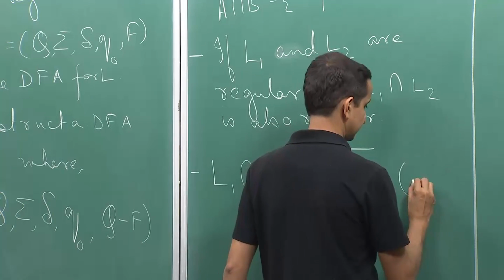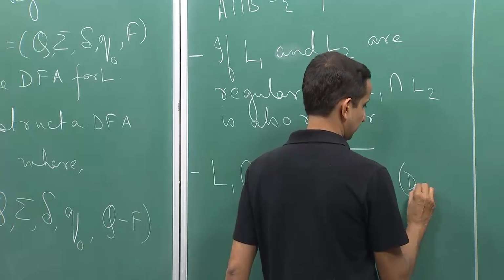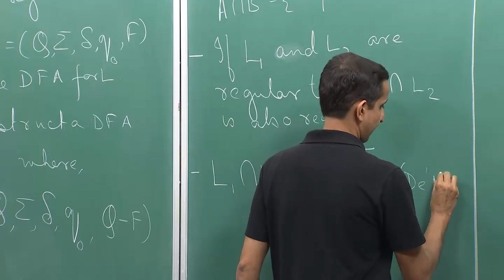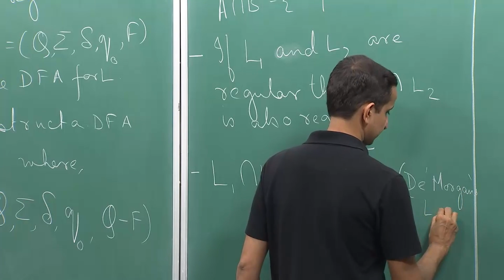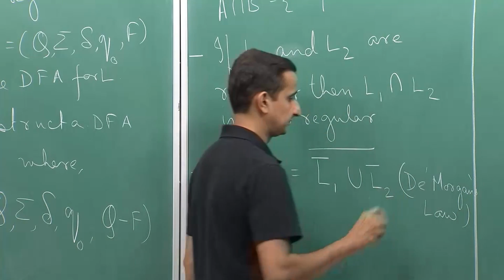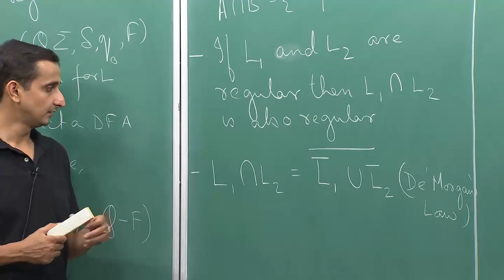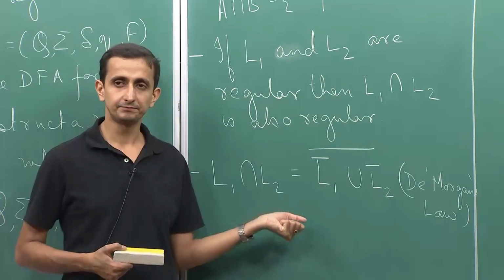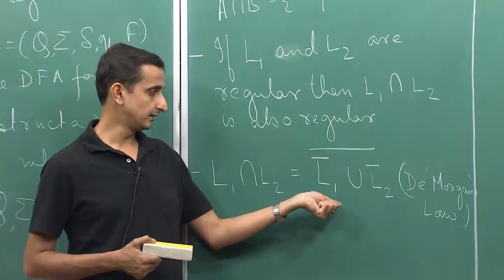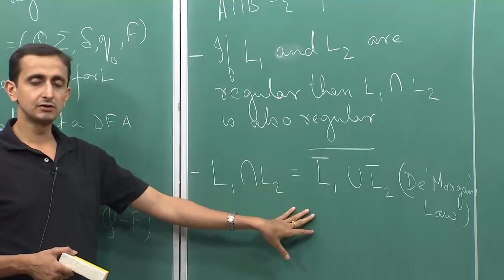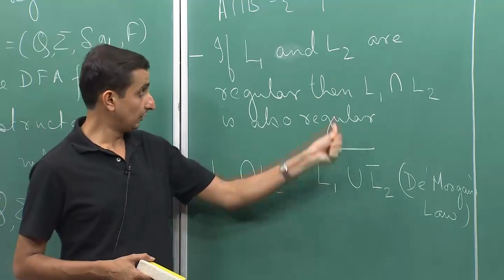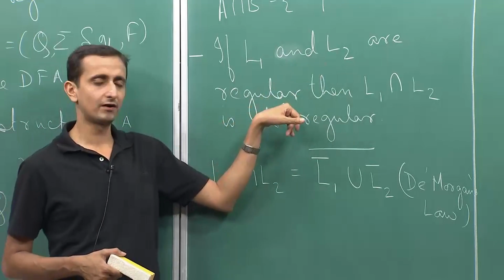Okay. So, this is De Morgan's law or De Morgan's theorem. Okay. So, this is something that all of you must have seen at some point earlier. So, we will make use of this fact. So, what we know to begin with is that L1 and L2 are regular.